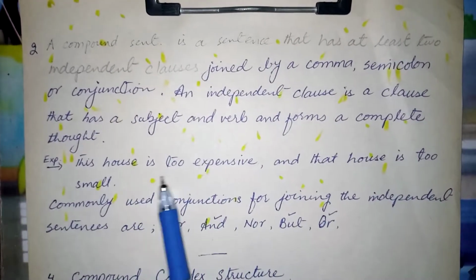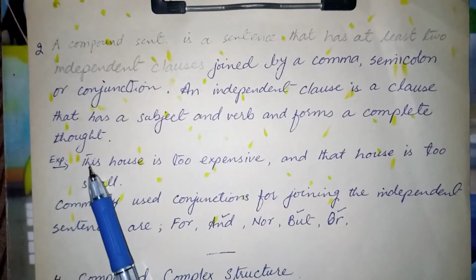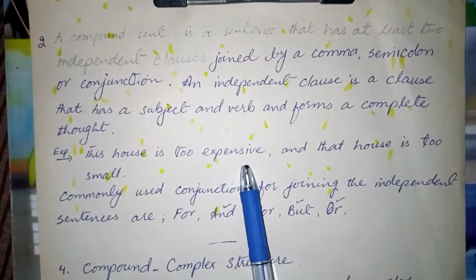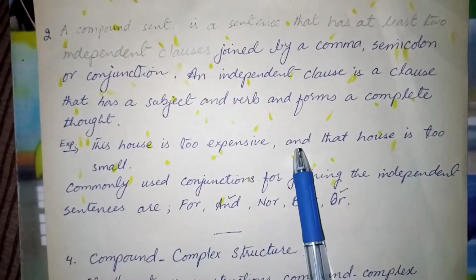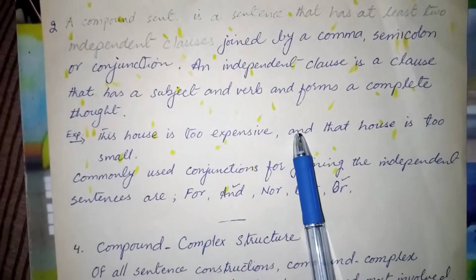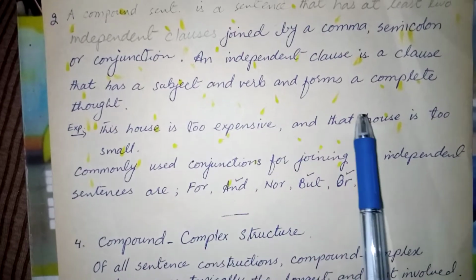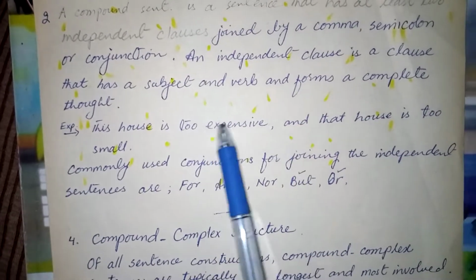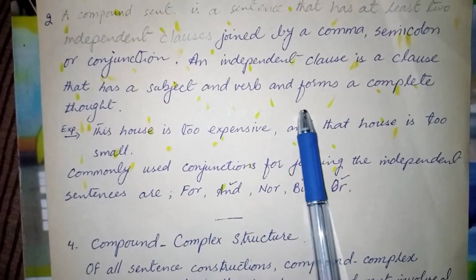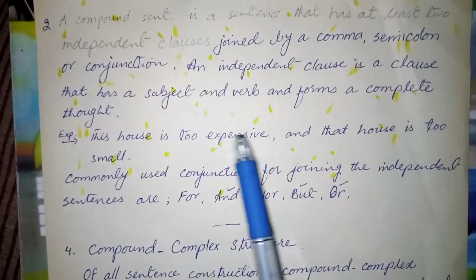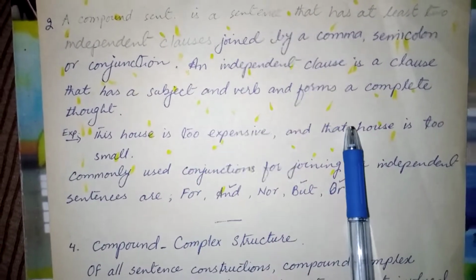I think you know it well now. So this house is too expensive. This is one independent clause. And the conjunction that links two independent clauses is called a coordinating conjunction because it coordinates between the two independent clauses.